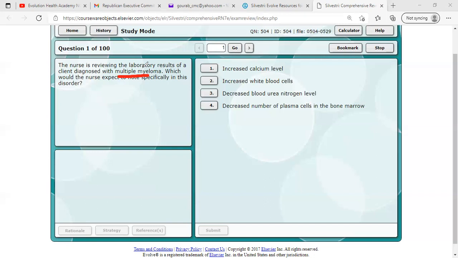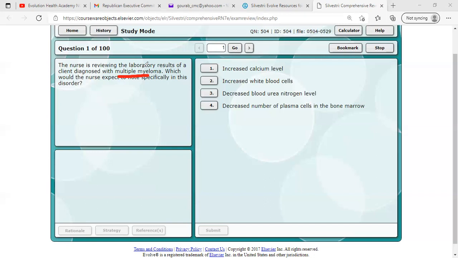So the signs and symptoms of multiple myeloma: patients complain of bone pain, typically in the backbone, also weakness, anemia or bleeding, spinal cord compression, pathological fracture, and renal failure or neuropathy.